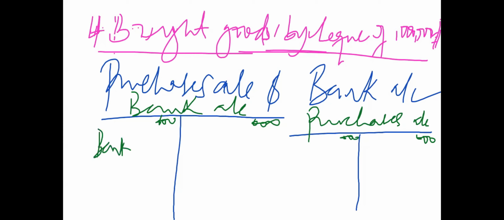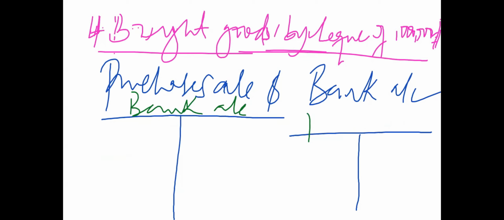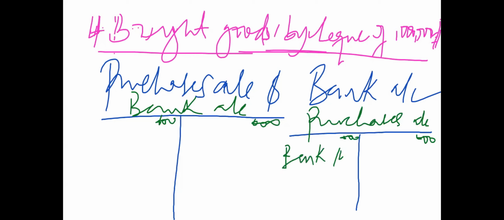So bank 1 million. We are writing 1,000. Then the corresponding entry is supposed to be, sorry, on this side of the purchases. Bank 1,000. Then you come here on the bank account. You put purchases.